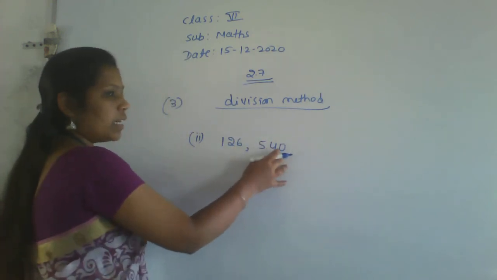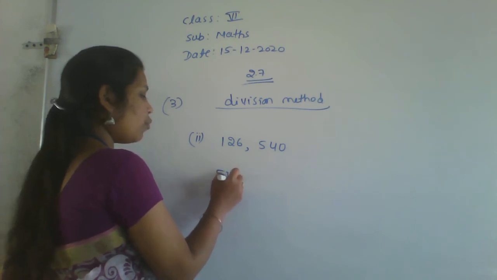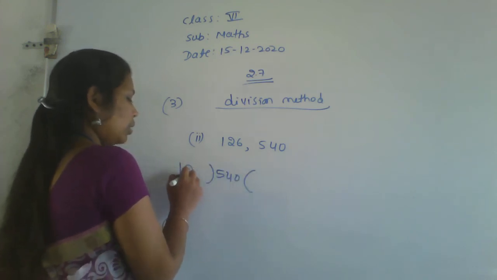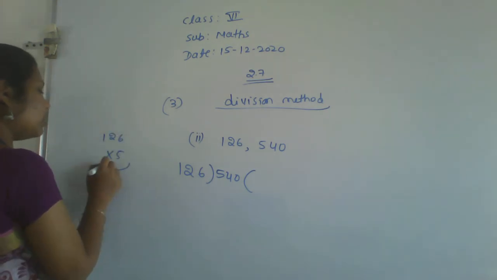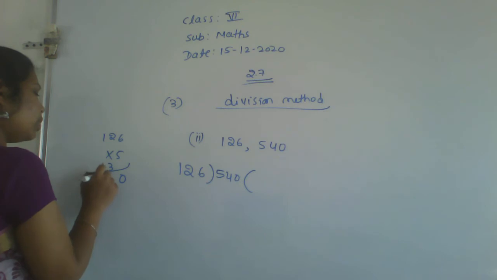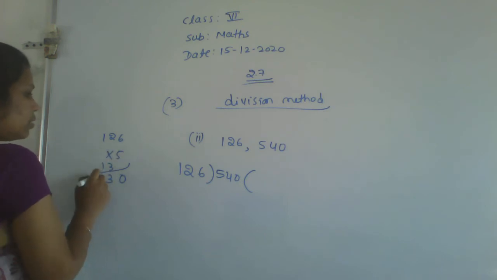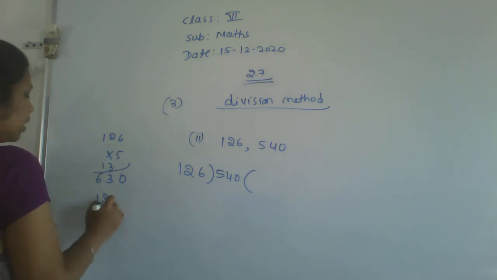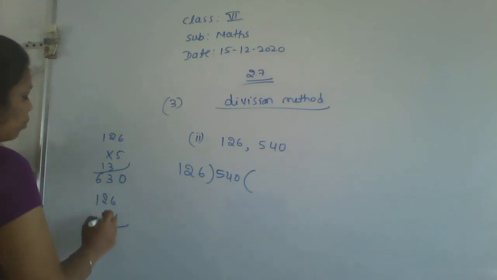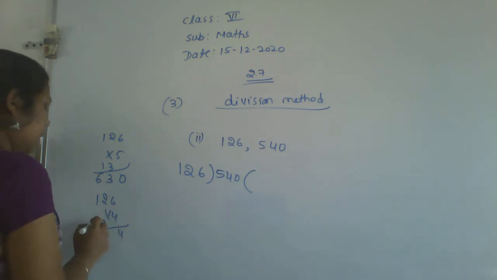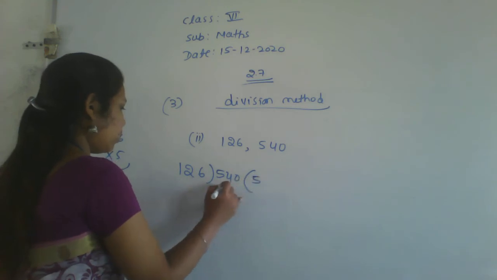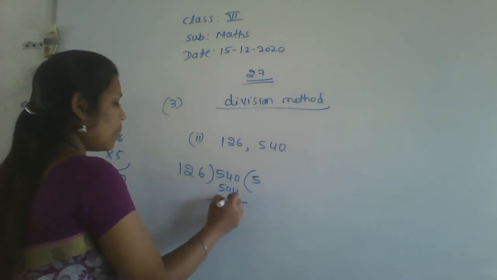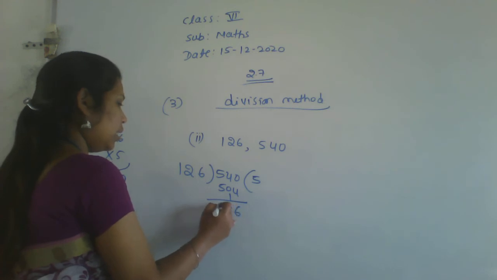Which one is greater? 540, so divide 540 by 126. 126 4s are 504. We can take that, right? So write 4 here. 540 minus 504 is 36.